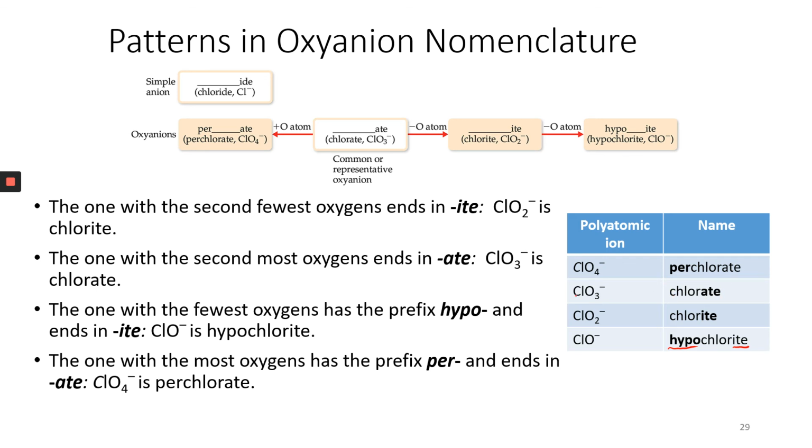If you have one more oxygen than the common, you put a prefix per. This means one more oxygen. If you have one less, your ate becomes an ite. If you have 2 less, you keep the ite, but now you put a hypo there. Remember, this is for polyatomic ions.